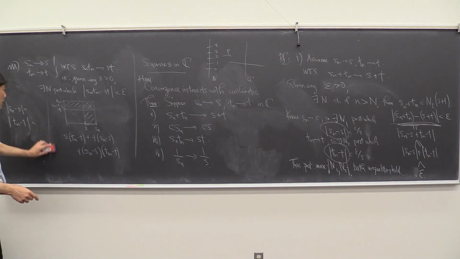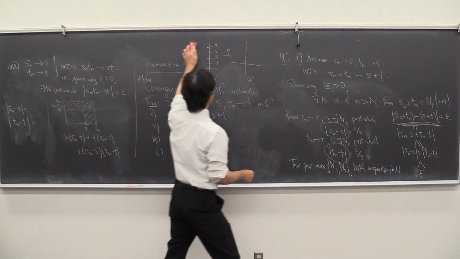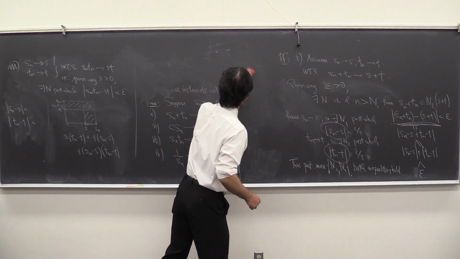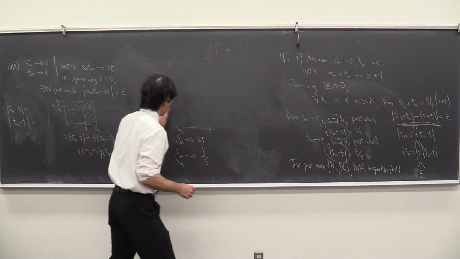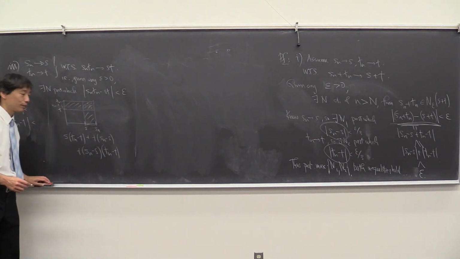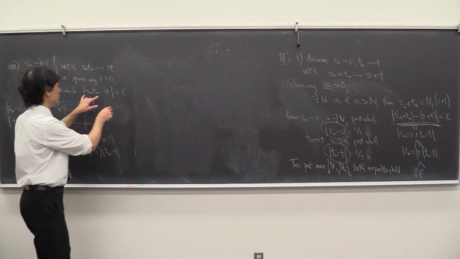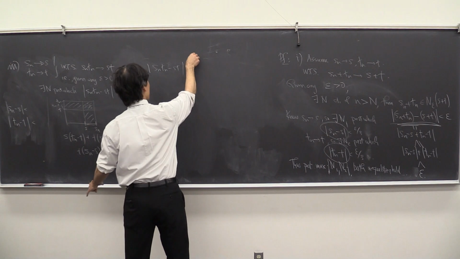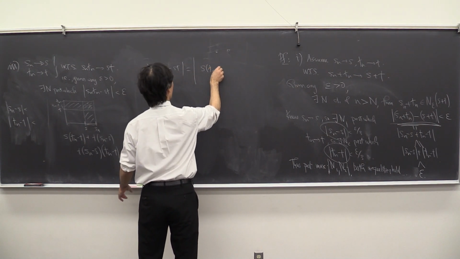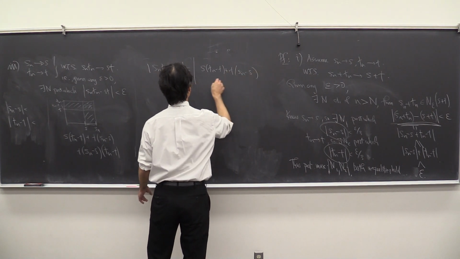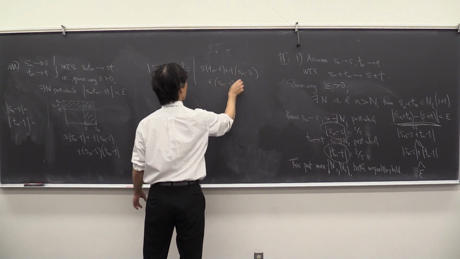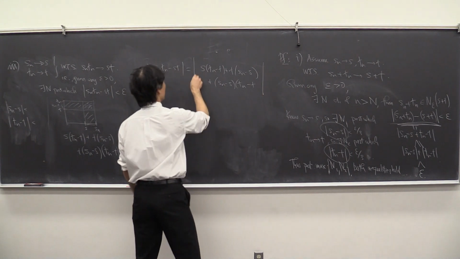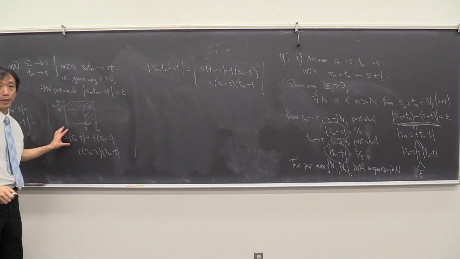So this is the same thing as this. SnTn minus ST is actually the same thing as S times Tn minus T plus T times Sn minus S plus Sn minus S times Tn minus T. Is that okay?